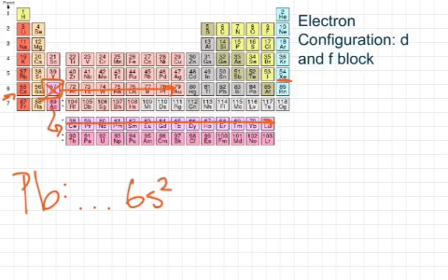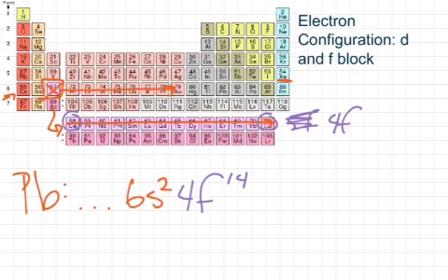The other fun thing about F block is it has even less energy than the D block that came before it. So instead of this being 5f, this is actually 4f. So you have to subtract 2 from the energy level. So we're going to do 4f. So Ce all the way through Lu is 14.